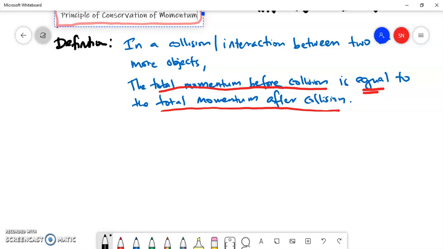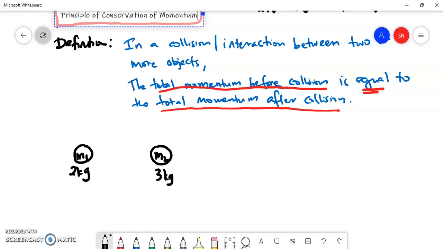Let's say we have two objects. This one is 2 kg, which I label as M1, and this is M2, which is 3 kg.